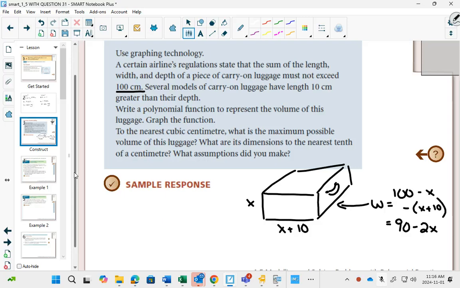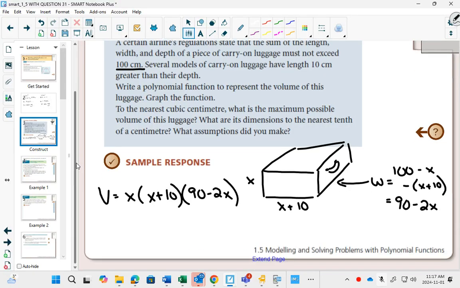And if we write out volume, length times width times height, doesn't matter the order. What's beautiful about this volume is it's already in factored form. In fact, you can draw a graph of this quite easily using the skills that we developed yesterday.